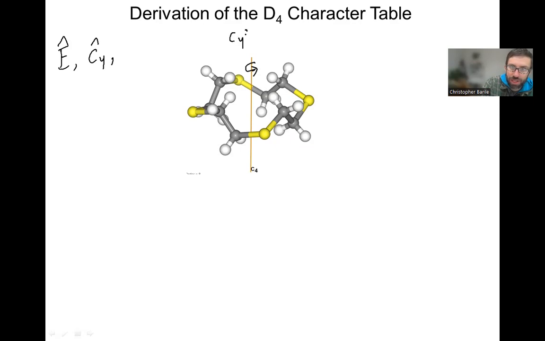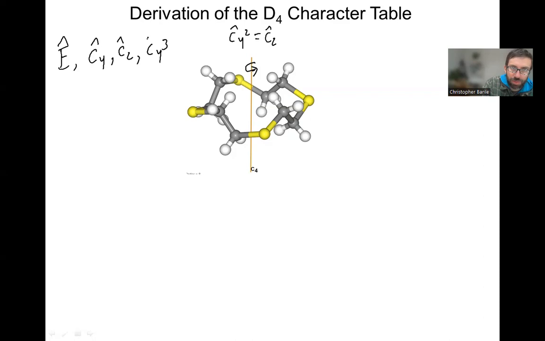Now, C4 twice is doing 90 degrees twice. I use these hats, by the way, to note that we're talking about symmetry operations, not symmetry classes. So a C4 twice is going to be the same as a 180-degree rotation, which we just call C2. And then we also could do a C4 three times.